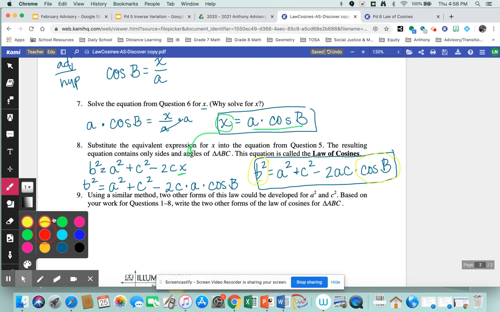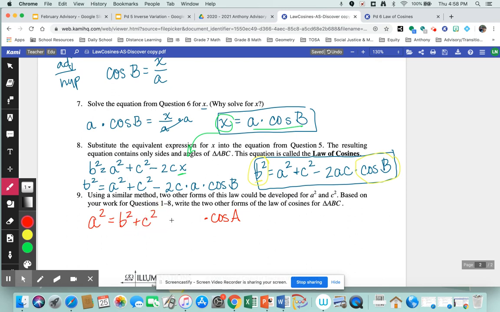So if we wanted to know what a squared was equal to, out here it's going to be times cosine of a, uppercase A for that angle. And then we haven't used b and c yet. So it would be b squared plus c squared minus 2bc times cosine of a.